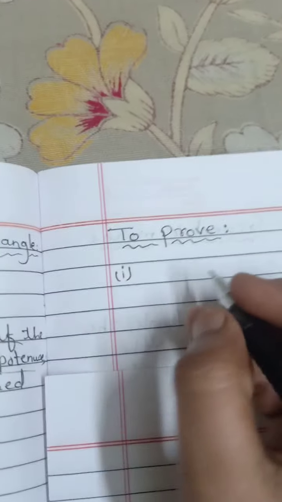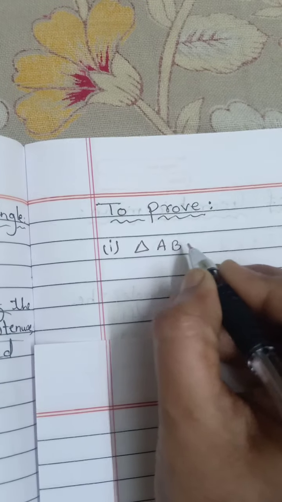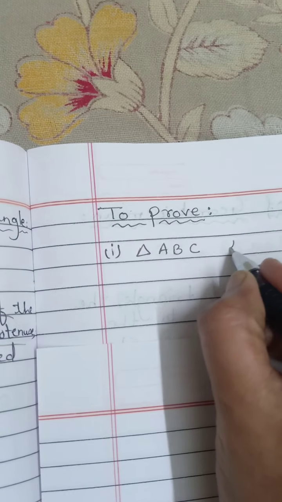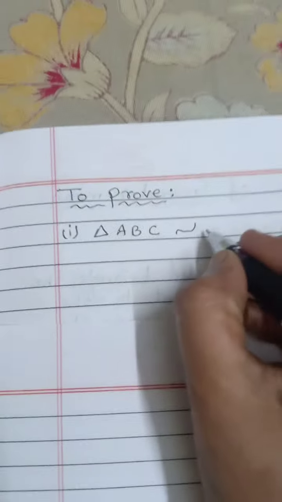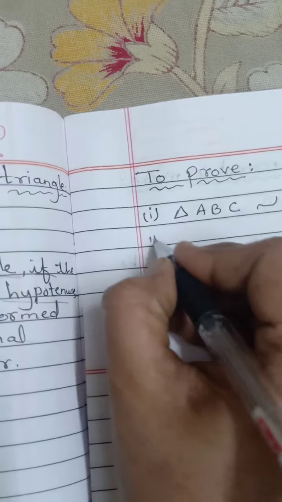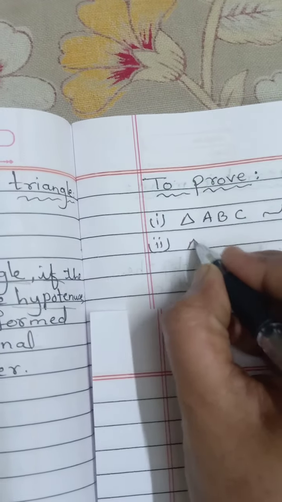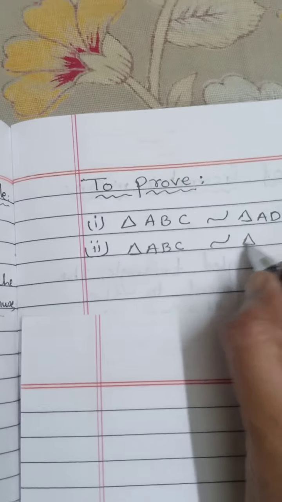So the first one, we have to prove that triangle ABC, that is the original triangle, is similar to one of the smaller triangles, that is triangle ADB. Again the original triangle, triangle ABC, will be similar to another smaller triangle, that is triangle BDC.